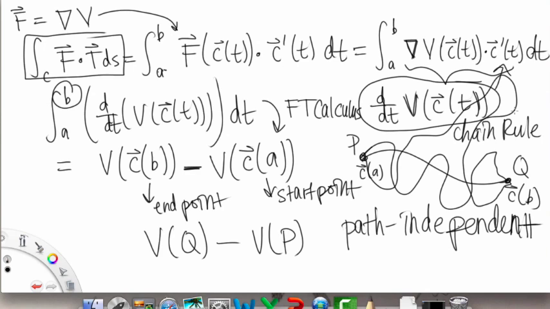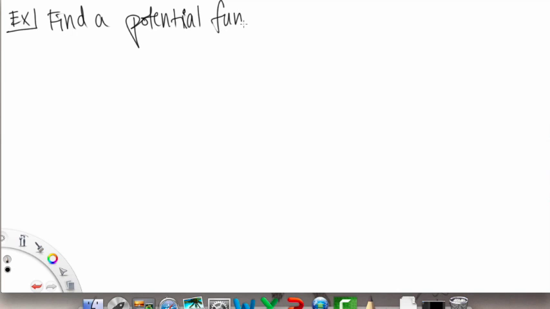Now let's do an example dealing with conservative vector fields. We're going to find a potential function for the following.